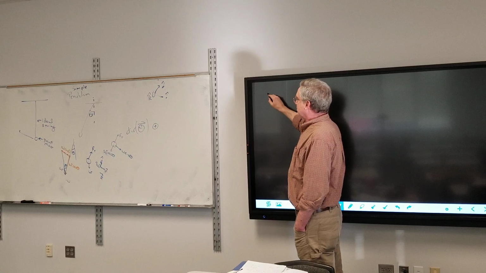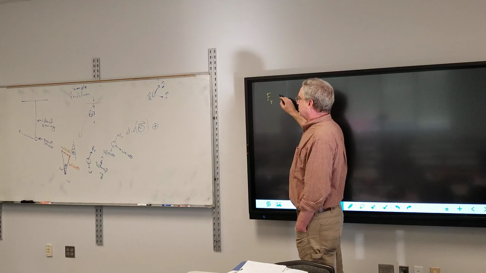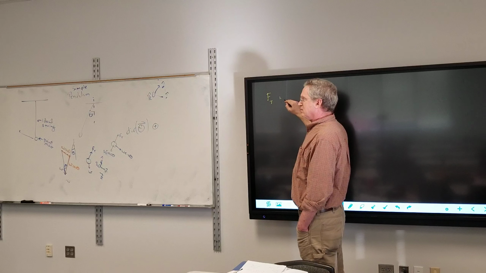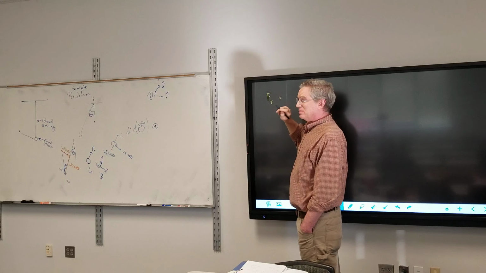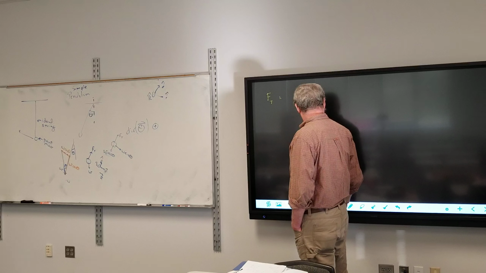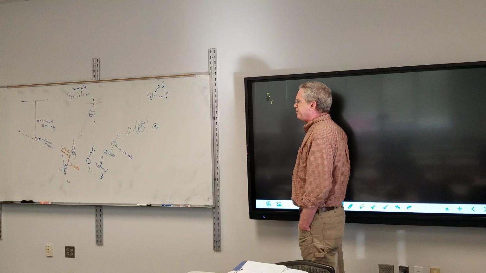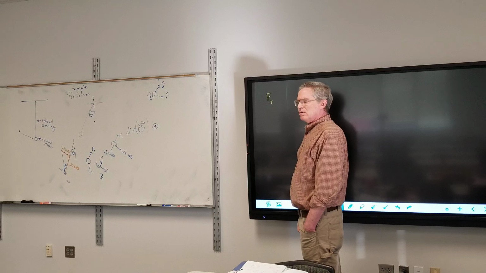Ft is equal to W sine theta plus W cosine theta. No. Would it be equal to just W cosine theta? Nope. Why not? Why is it not equal to W cosine theta?